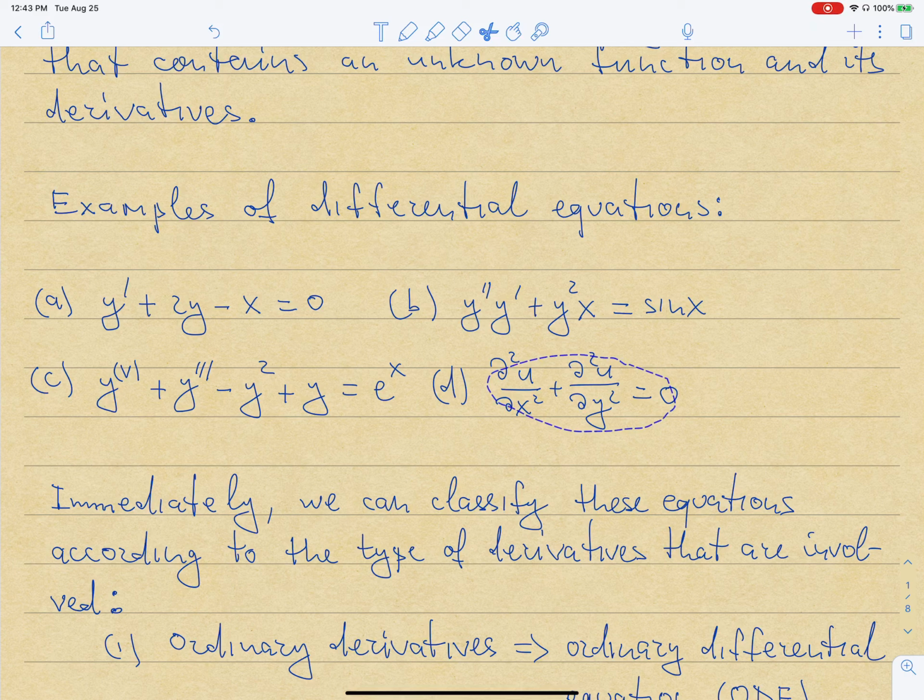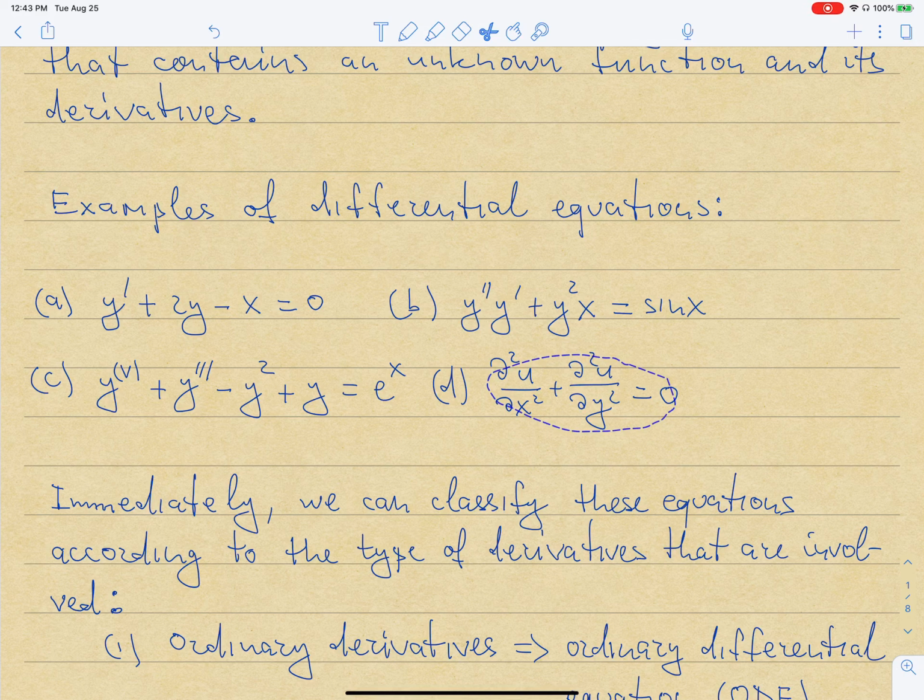So A, B, and C here are ordinary differential equations, or ODEs, and D is a partial differential equation, or PDE. In this course, we're lucky that we don't need to worry about PDEs because we're only going to look at ODEs. Clearly, PDEs are much more challenging to solve because you have more than one variable.